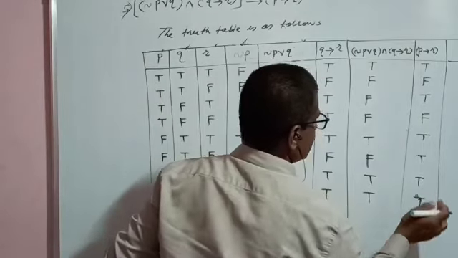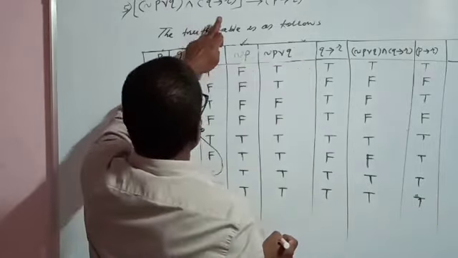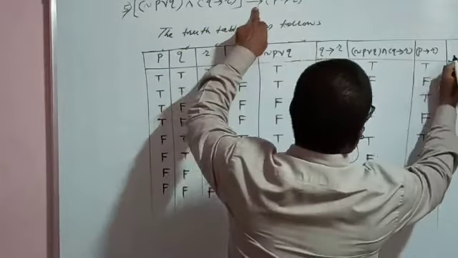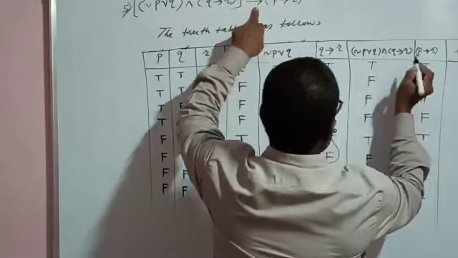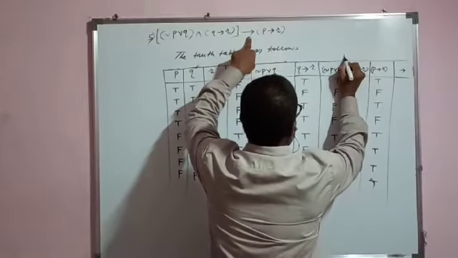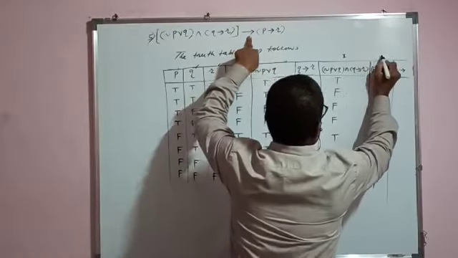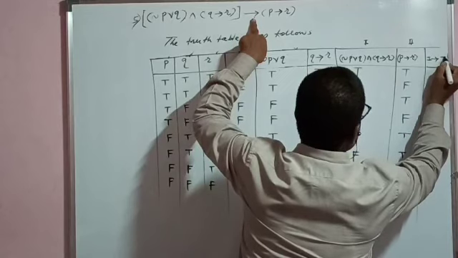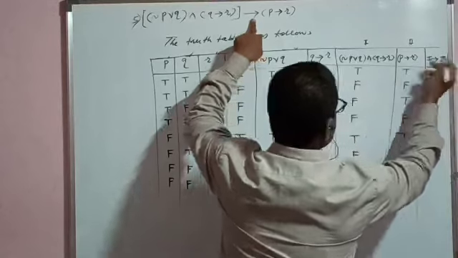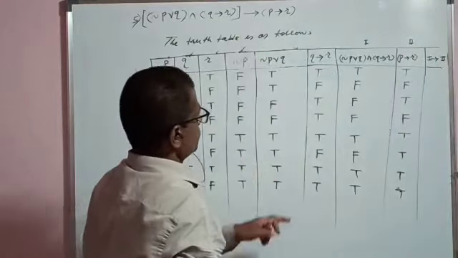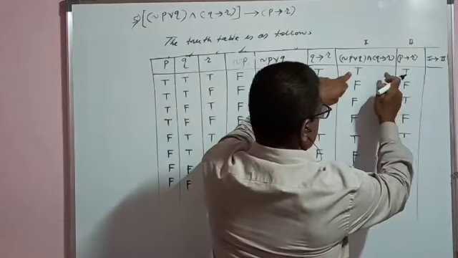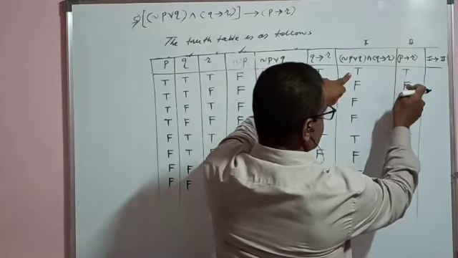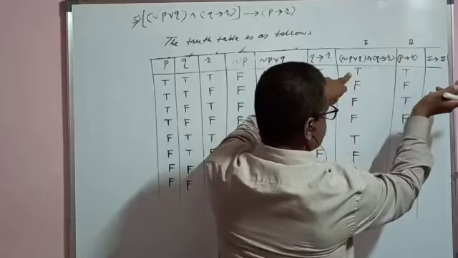And finally, the conditional. I will take this as column number 1 and this as column number 2. In between 1 and 2, the conditional is there. So again the conditional is false if the first is true and the second is false, and in all other cases it is true.